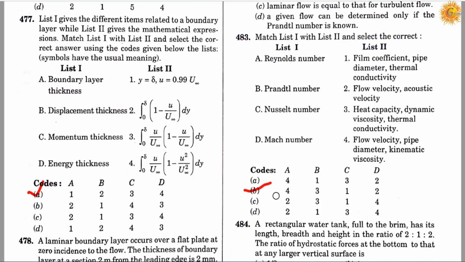and according to B, the Reynolds number belongs to this one, it means flow velocity, pipe diameter, kinematic viscosity. Okay, and the Prandtl number belongs to the third one: heat capacity, dynamic viscosity, thermal conductivity.